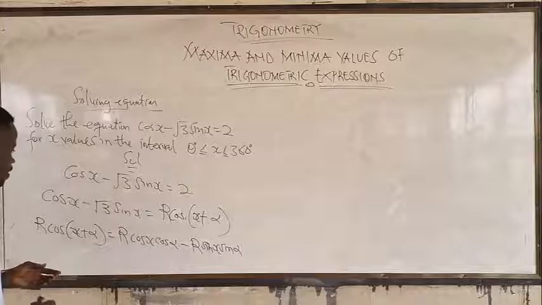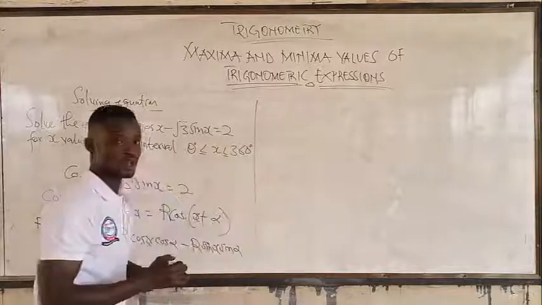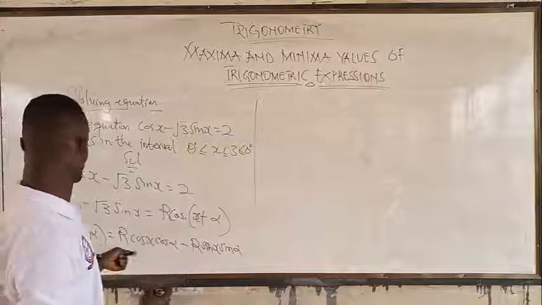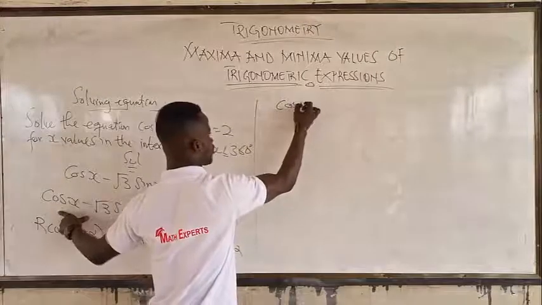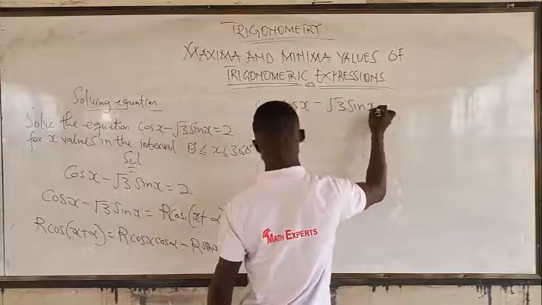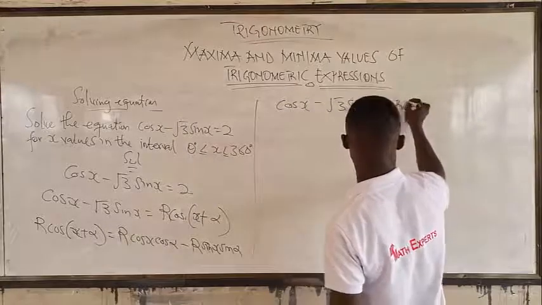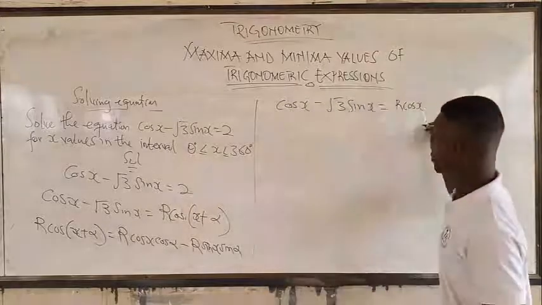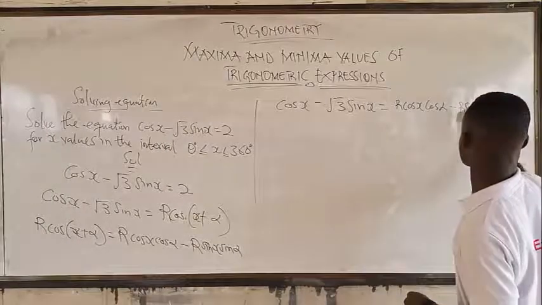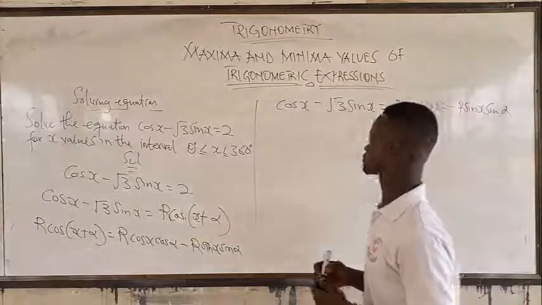Then we go and equate this to this, because after we get it in this form, we can now equate to 2 and go our way. So now let's equate cos S minus square root of 3 sin S to be equal to R cos S cos alpha minus R sin S sin alpha.